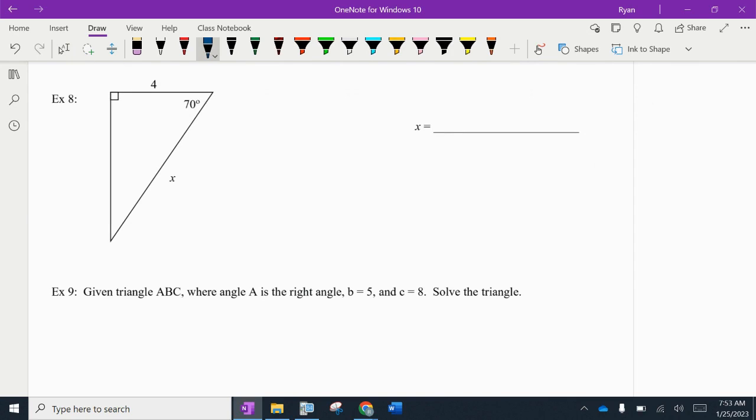Similar problem. I'm going to pause for just a second here. Think about what we've done on previous ones.